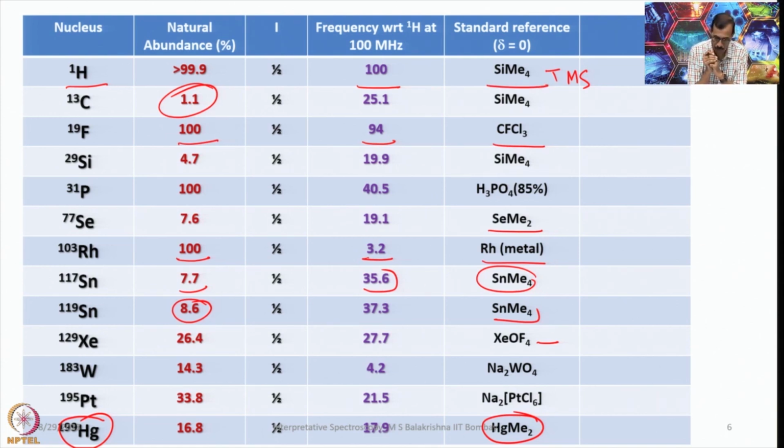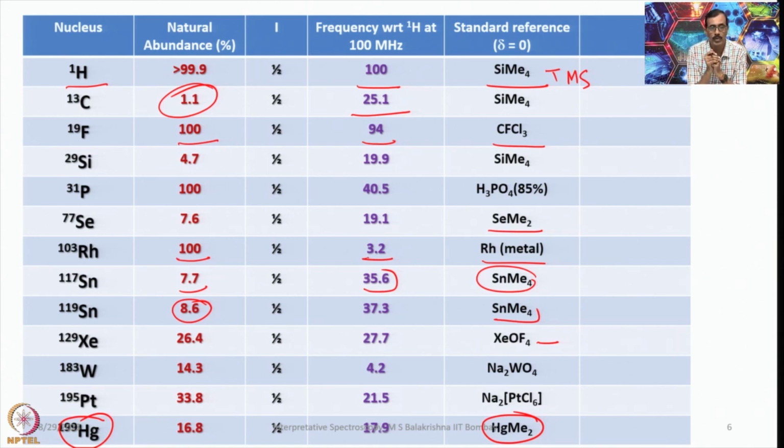In case of 13C also we use tetramethylsilane. If you compare the frequency, this is 1/4 of it. Similarly, 19F has an abundance of 100%. We don't have any other isotope of fluorine.